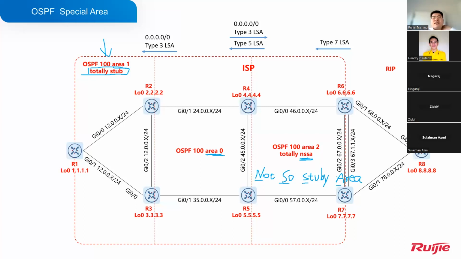NSSA is not so stubby area. So it's a kind of stubby area, but not so stubby.